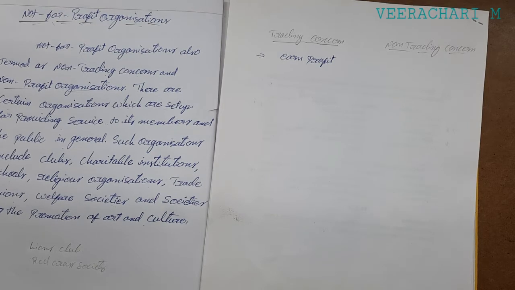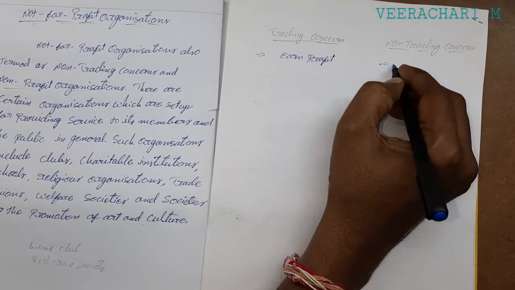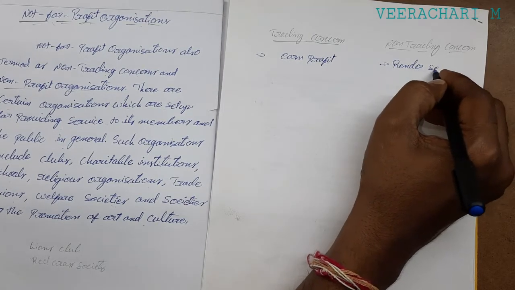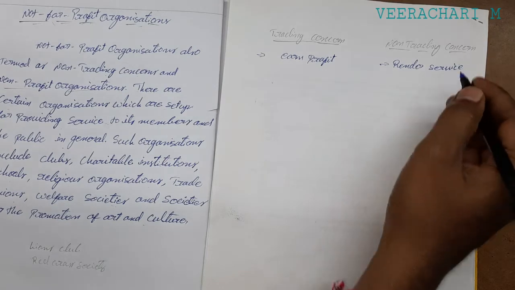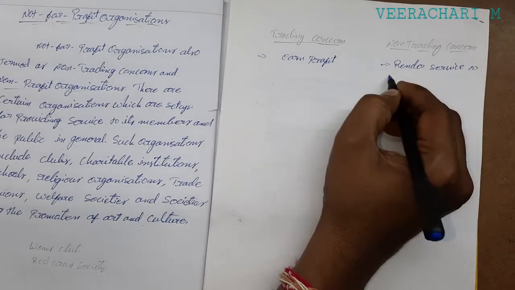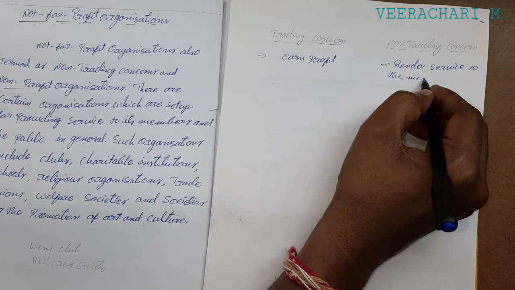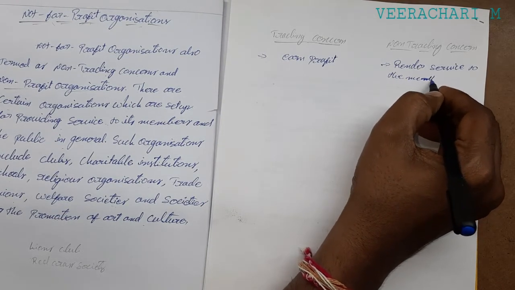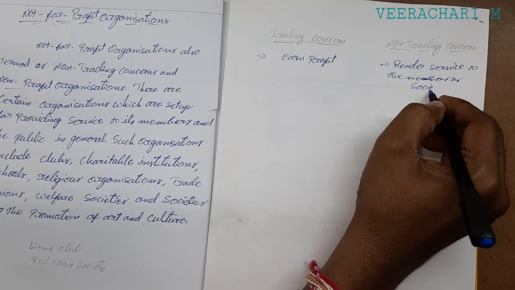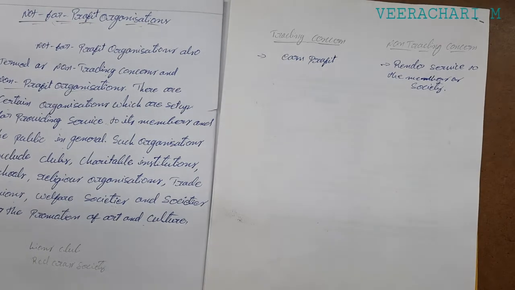Nowadays, whatever the business, the main aim is to earn profits. But in non-profit organizations, the main aim is to render service to the members or society. That is one of the differences.